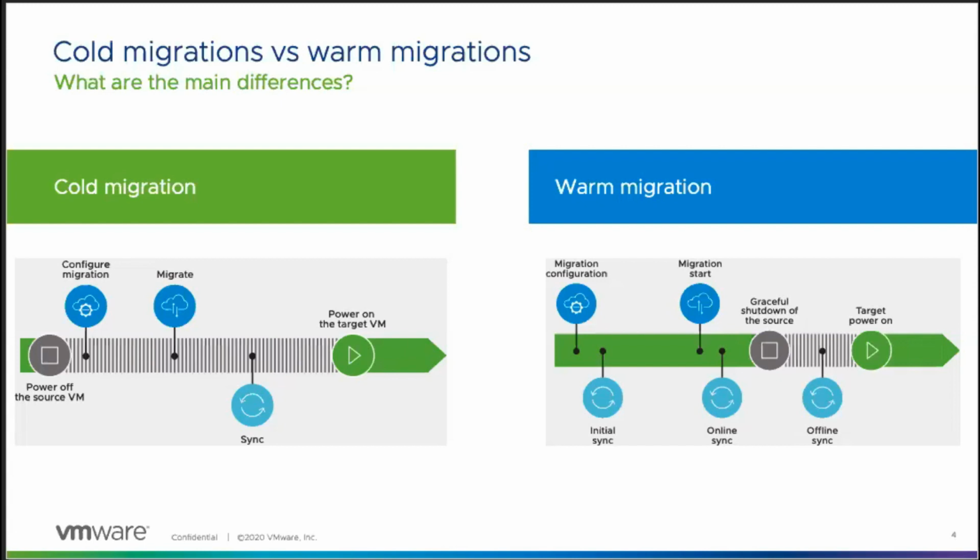Whereas warm migration and layer two obviously involve a bit more configuration and have substantially more value in terms of the criticality of the workloads you might be migrating. They are going to be business critical, so they would require less downtime. So it's worth paying for that as a service. That's maybe one option. Is there any other options that you can think of for cold migration versus warm?